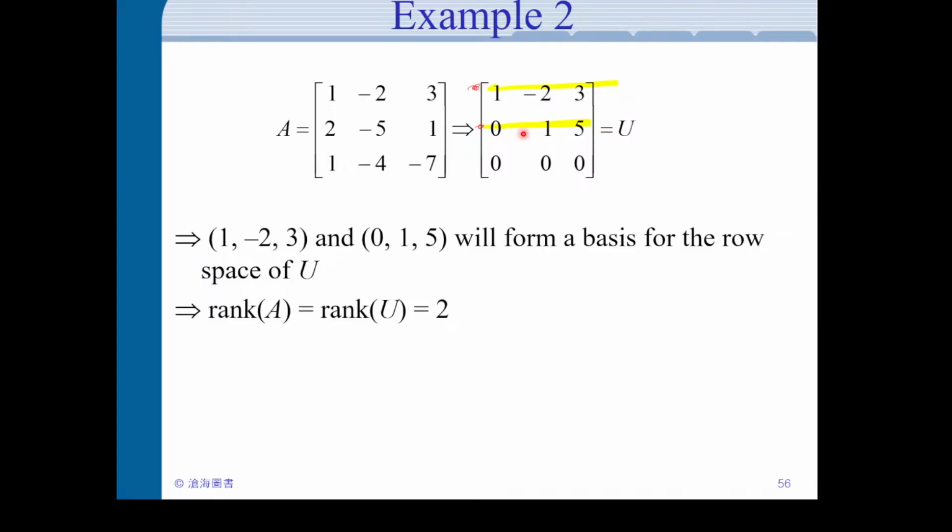It's kind of obvious they are linearly independent because they have 1 here and a 0 here, so you cannot make a linear combination of them.